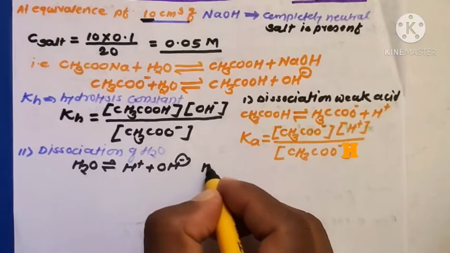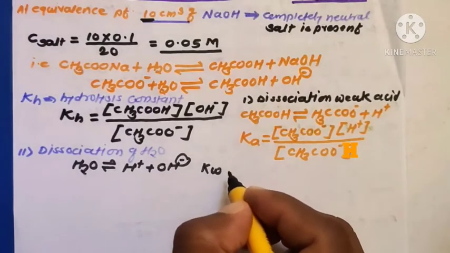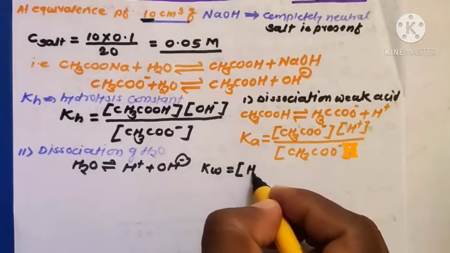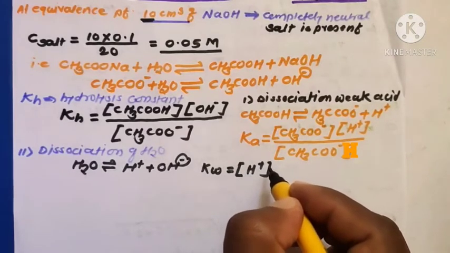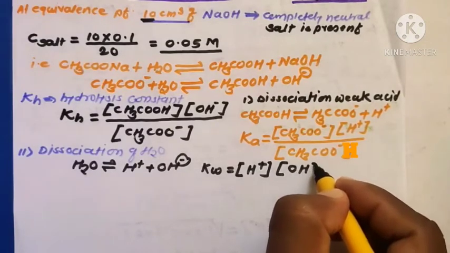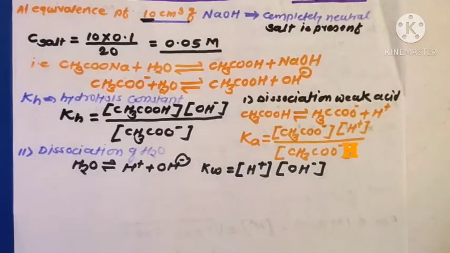Now the ionic product of water, Kw, is equal to concentration of H plus ions into concentration of OH minus ions.